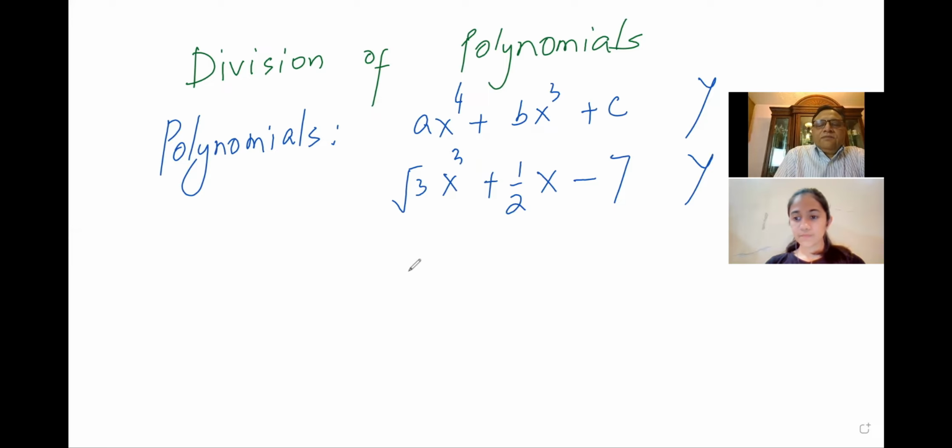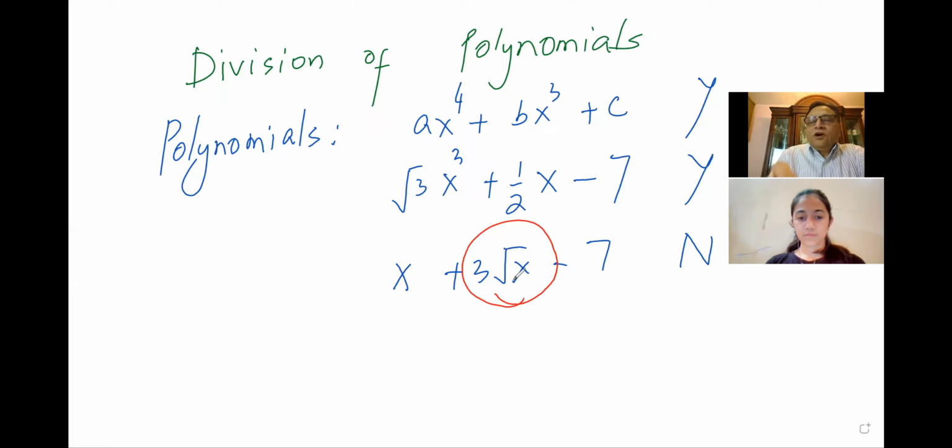And if I have x plus 3 square root of x minus 7, is this a polynomial or not? It is not a polynomial, right? So we understand that it is not a polynomial because of this term. Now, what in this term? The power of x is half. You see, x power is half, not a whole number, correct?